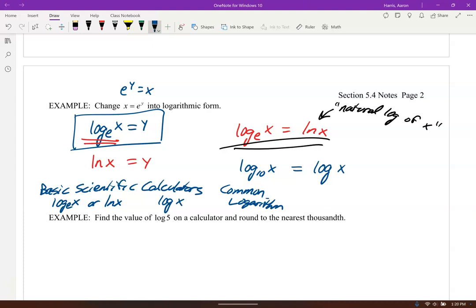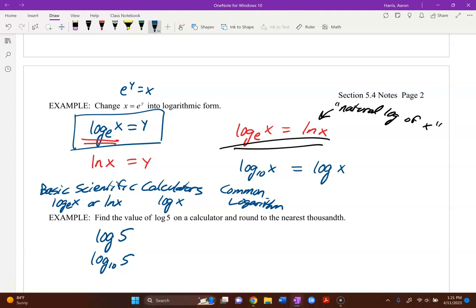So for example, if we're finding the value of log of 5, notice they don't write in any base, so you know this is base 10. And if we round that to the nearest thousandth, let's go ahead and pull up our Desmos.